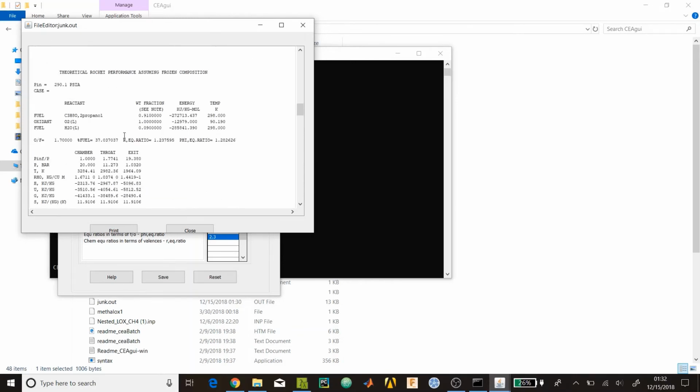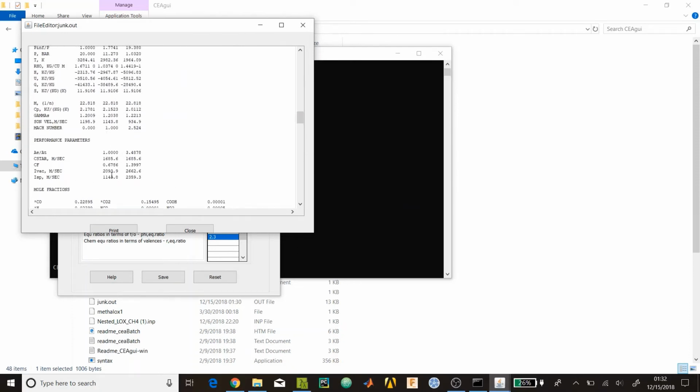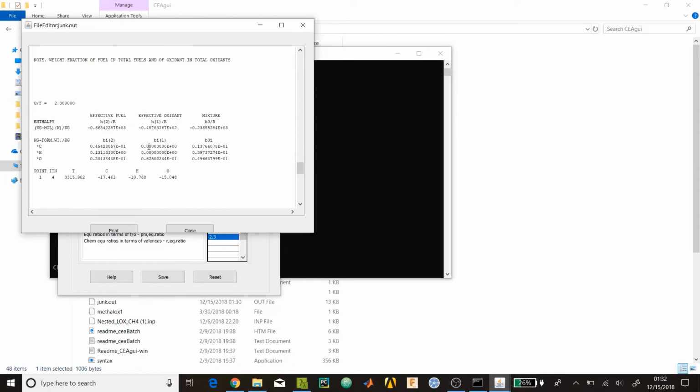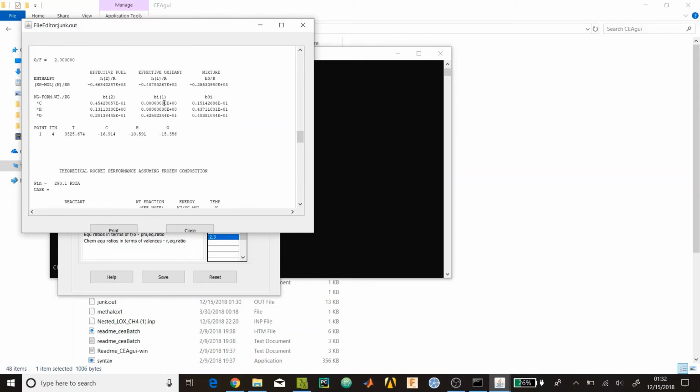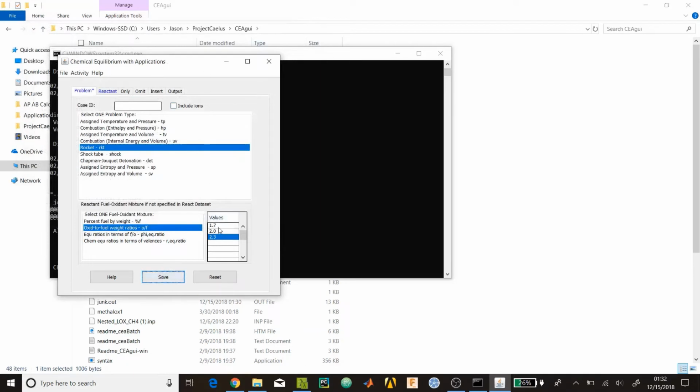Let's check that 1.7. Oh, well, 1143. So it seems like it is between 1.5 and 2. So 2.3 is going too far in that direction.